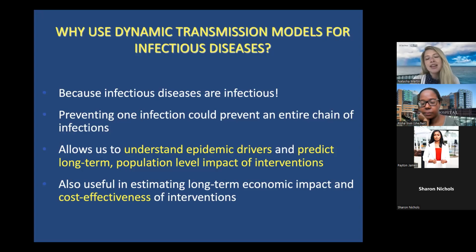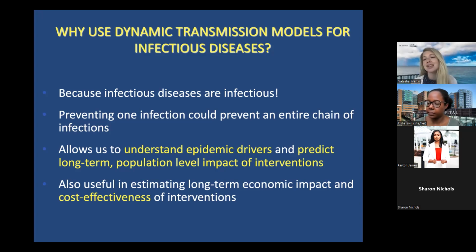And therefore, this mechanistic framework allows us to understand what is driving the epidemic, what are some of the behaviors or actions that might be driving the epidemic, and allows us to predict long-term population level impact of interventions.